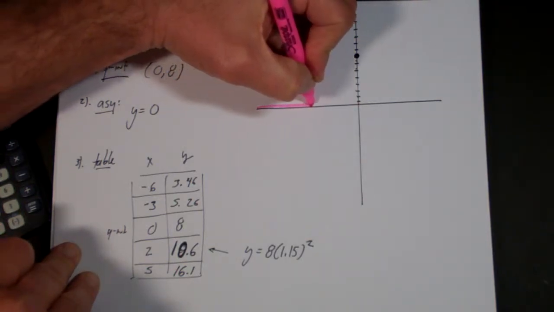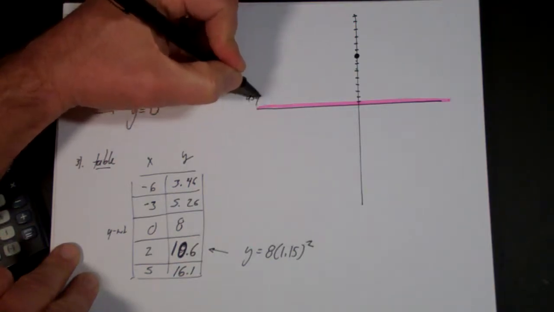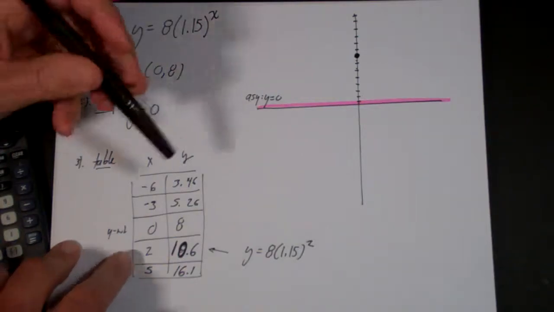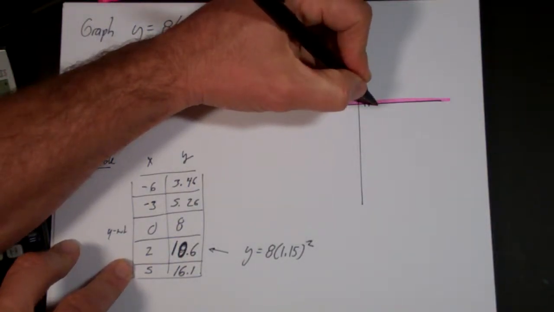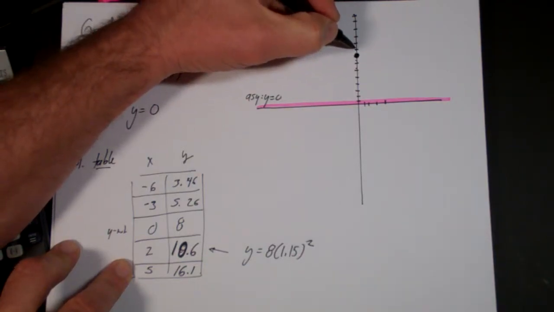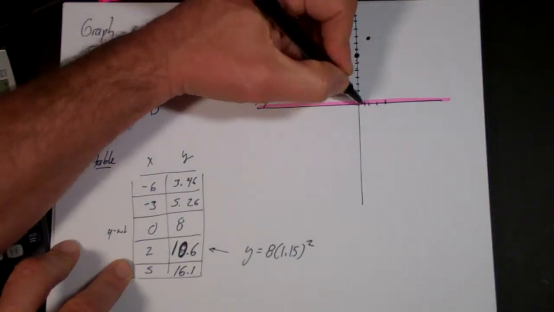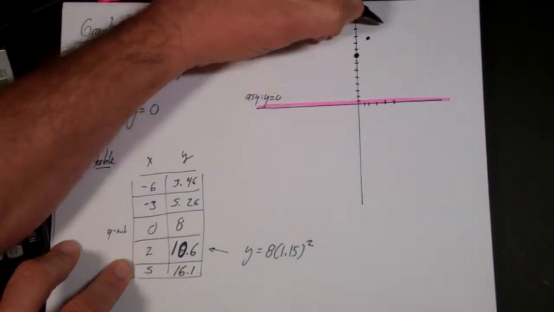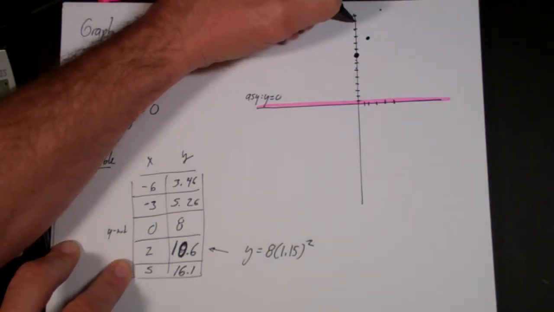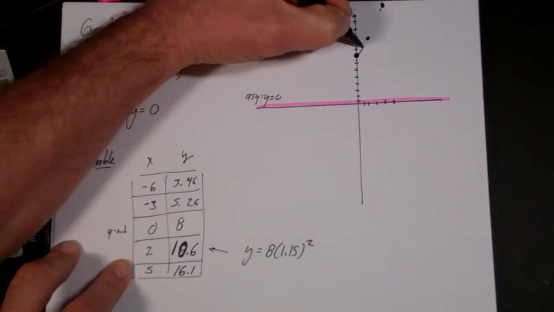The asymptote is going to be y equals 0. And then the other points here are going to be 2, 10.6, which goes up to almost 11, not quite 11. And then 5, 16.1 is going to be up here at 16. That's probably off the graph there. It's going to look something like that.